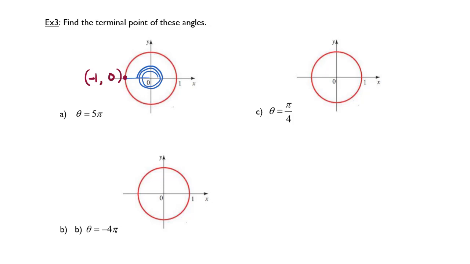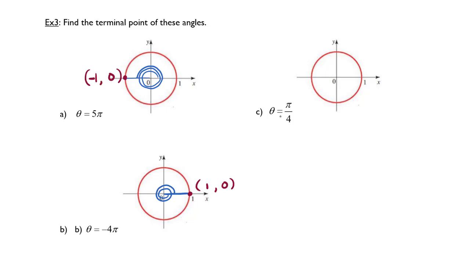Let's take a look at B. Theta is -4 pi. That would mean we're going clockwise instead of counterclockwise. So 1 pi, 2 pi, 3 pi, 4 pi, and it's negative. So my terminal ray or side is along the positive x-axis, with terminal point at the coordinate 1, 0.